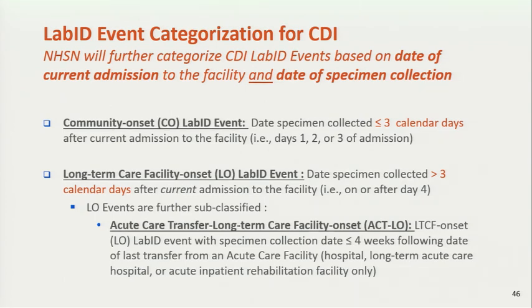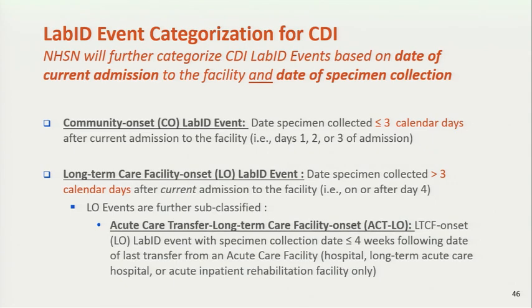So if it's collected on day 1, day 2, or day 3 of admission. Long-term care facility onset LabID event, specimen collected more than 3 calendar days after the current admission. So any specimen collected on calendar day 4 or after will be categorized as long-term care facility onset, or LO.